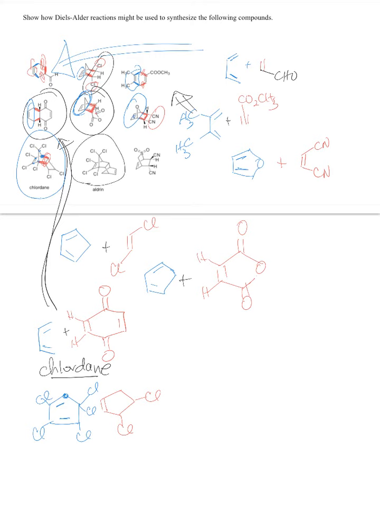Okay, this one here, once again, what are the new sigma bonds? The new sigma bonds are right here. And so they came from, you just draw this structure just like that, and there you go.